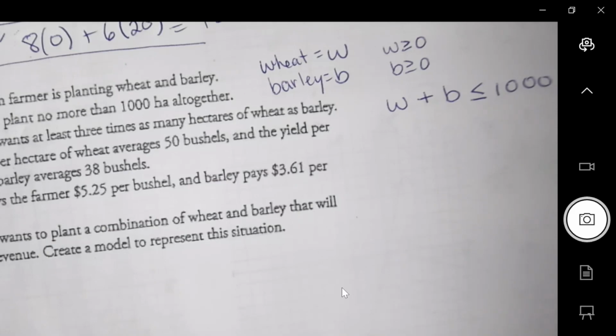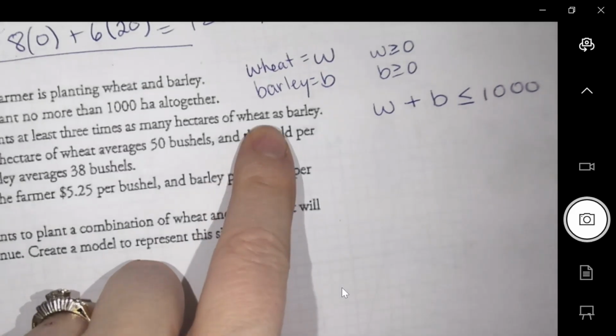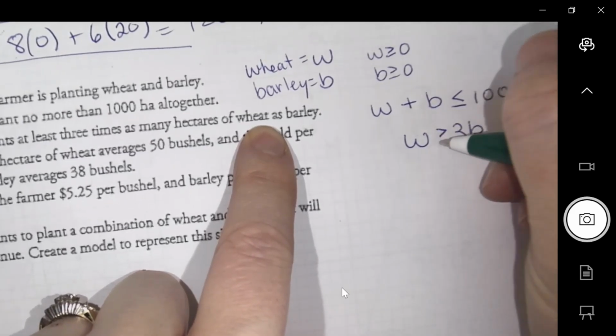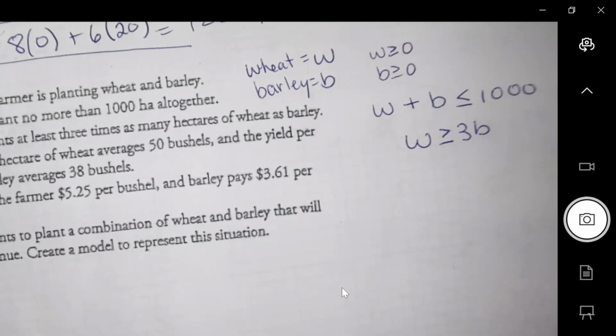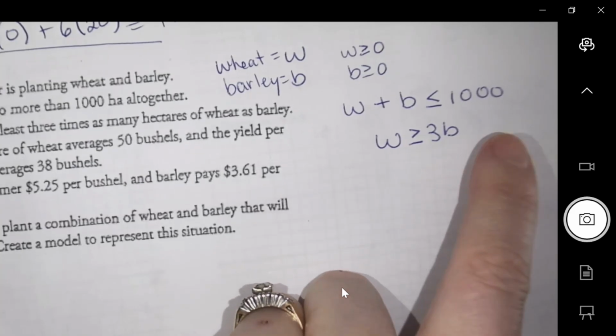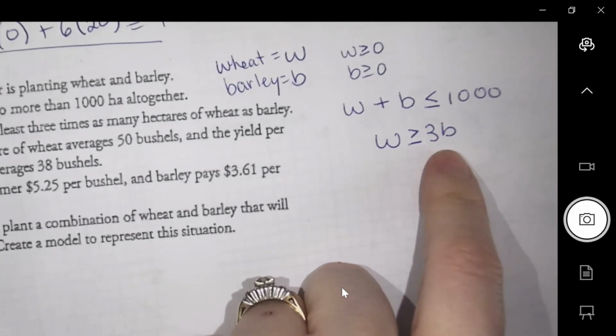You have to put the 3 on the opposite of the words. Did we do it? He wants 3 times as much wheat as barley. So the wheat has to be 3B, at least.